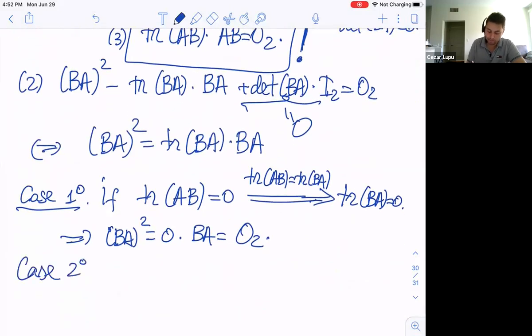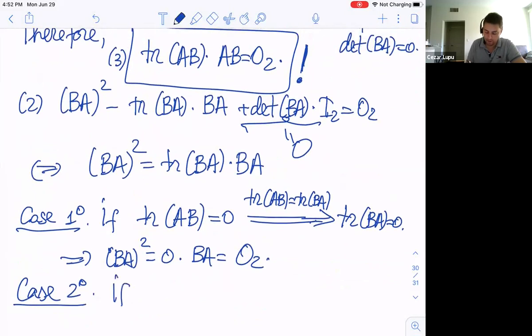Case 2: instead of the scalar being 0, we have that AB equals 0. Then we have to show that BA squared is 0. So how do we do it from here?